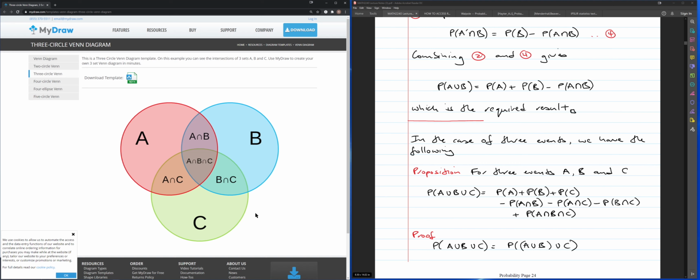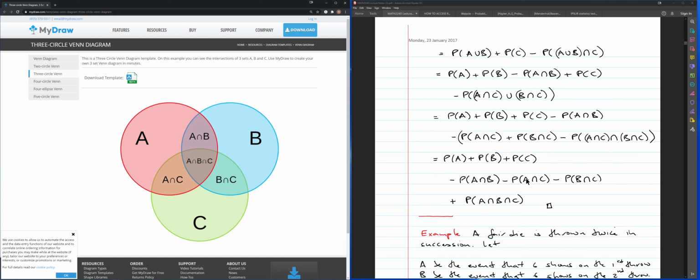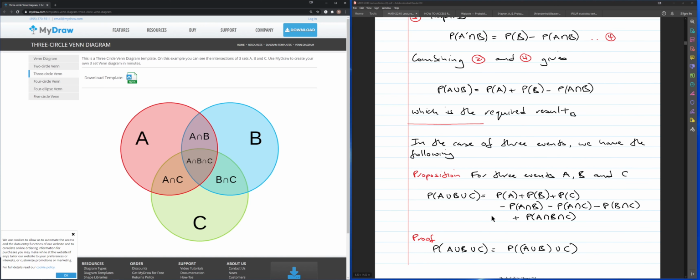So what you need to do is add back the intersection of all three. Now that's a pretty informal description of what's going on, and if you want a proof, the proof is in the notes. But anyway, this is the result for the probability of the union of three events: you add the probabilities of A, B, and C, you subtract off the intersections of 2, and then finally you add back the intersection of 3.